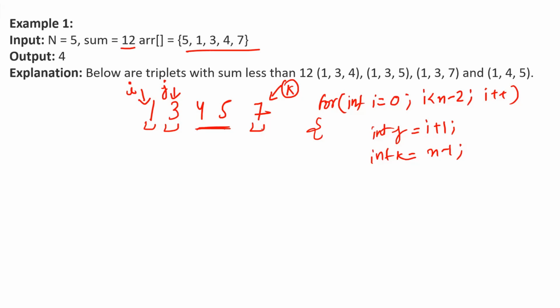It is the sorted array. If this pair of arr[i], arr[j] and arr[k] satisfies the condition, then obviously the elements before it, that is 4 and 5, will also satisfy the condition. So 1 plus 3 plus 7 is going to give you what?